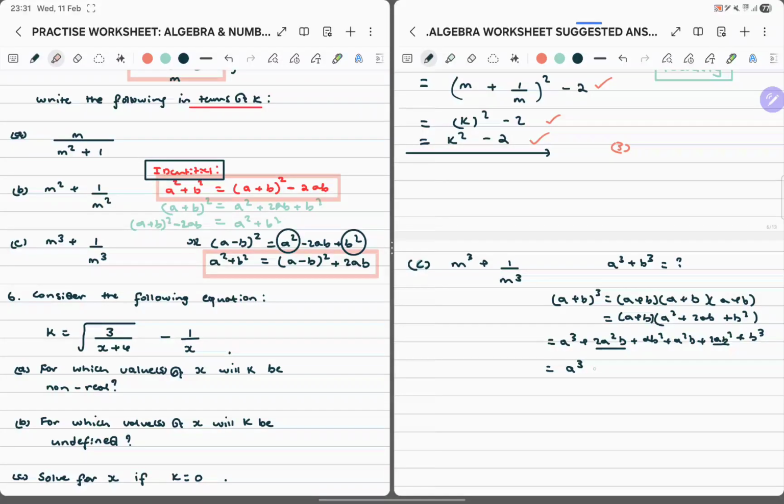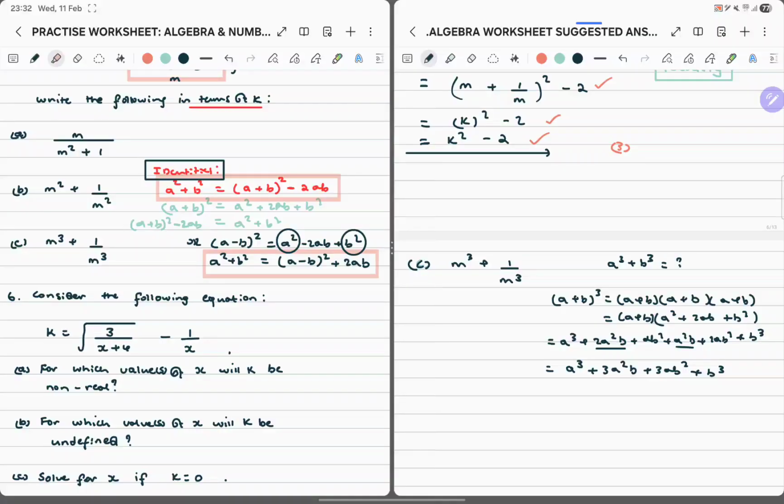This one is 2a squared b plus a squared b, so this gives us 3a squared b. And then we're going to have again 3ab squared, plus b cubed.